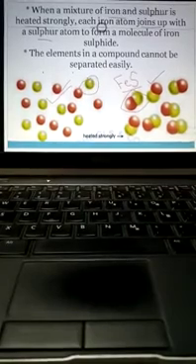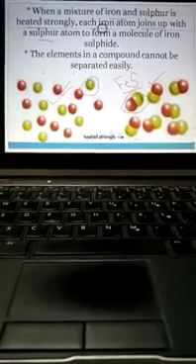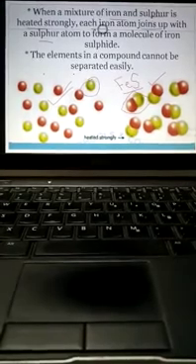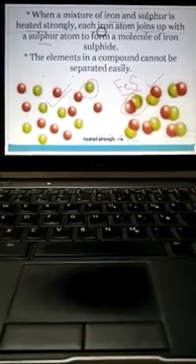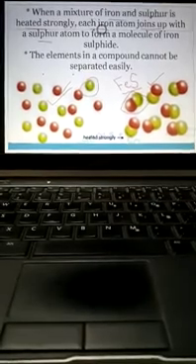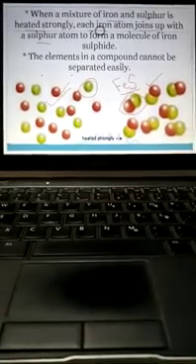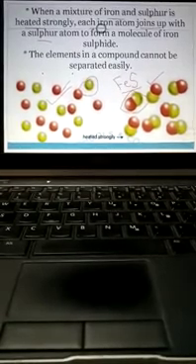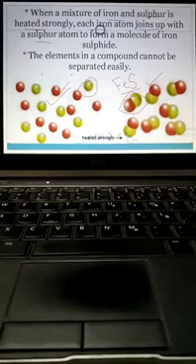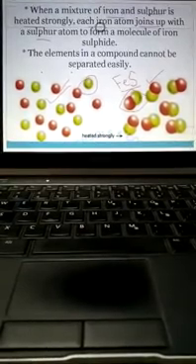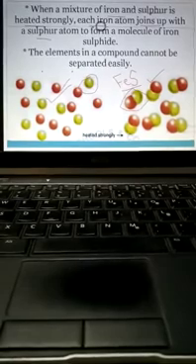First of all, when we mix iron and sulfur elements and then heat it strongly, each iron atom joins up with a sulfur atom. The brown circle shows iron and the yellow circle shows sulfur.